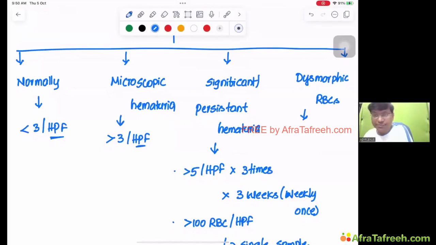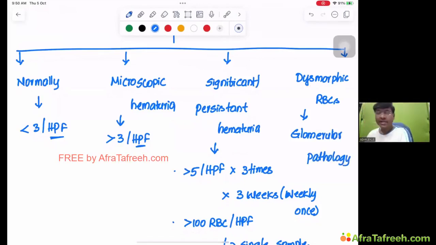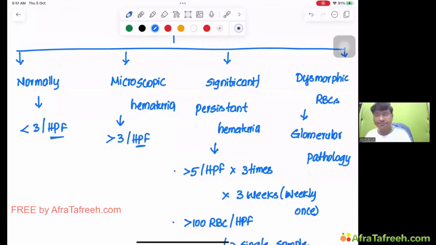The presence of dysmorphic RBC in the urine sample tells you that it is glomerular pathology. There is some problem in the glomerulus and the RBCs are of abnormal shape. That is about the dysmorphic RBC.